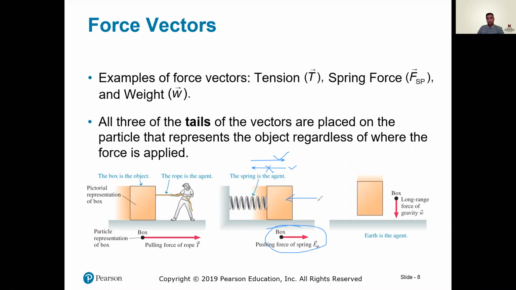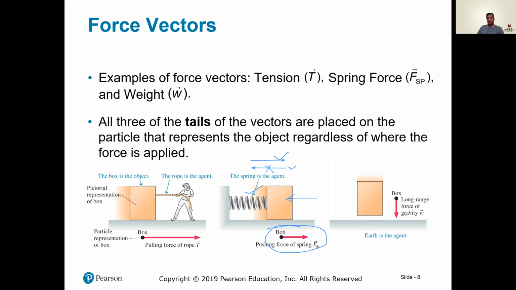Somebody was pushing it, right? So for that, the agent was the hand of the person, not the spring. If we want to talk about spring force, we always should talk about the force that is applied by the spring, not somebody else.